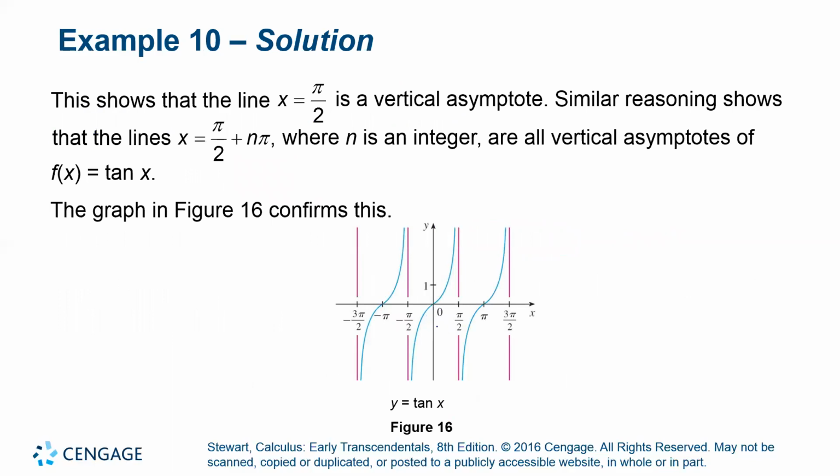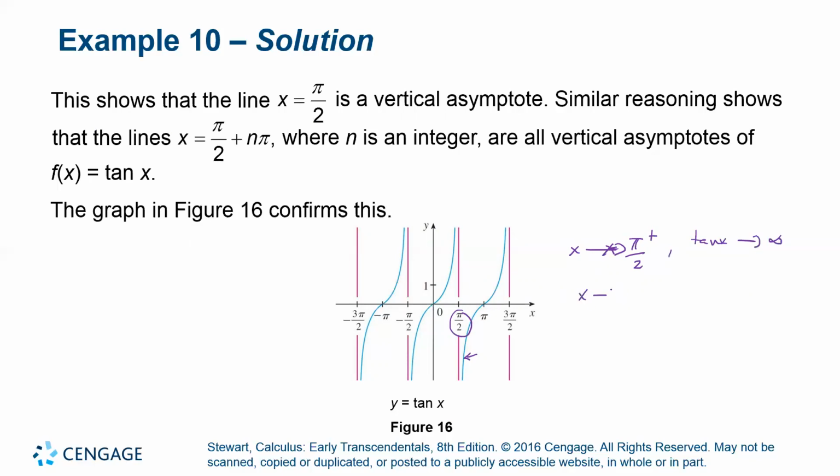Now, when cosine is approaching 0 from the right, as x approaches pi by 2, in other words, when x is approaching pi over 2 from the right, the tangent of x approaches positive infinity.